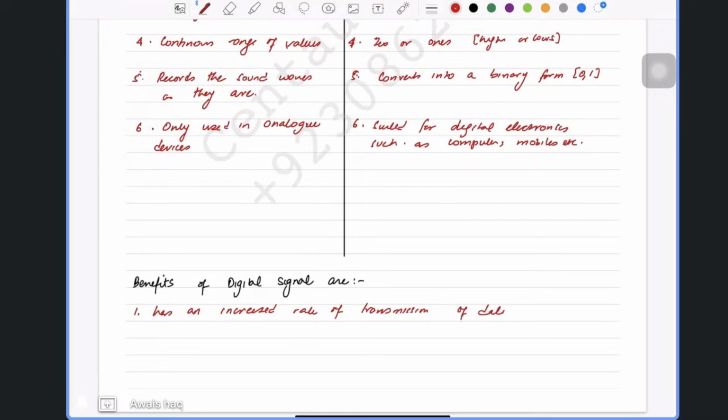Because we have converted into zeros and ones only, it's easier for it to be transmitted and at a faster rate as well. Okay, then the signals can be regenerated when sent over a long distance.